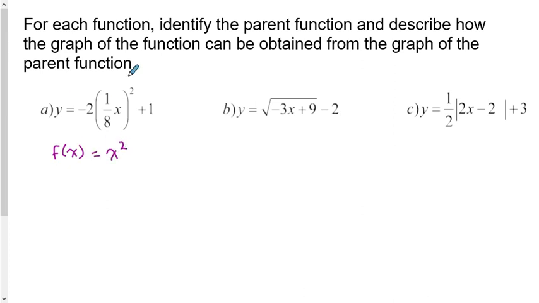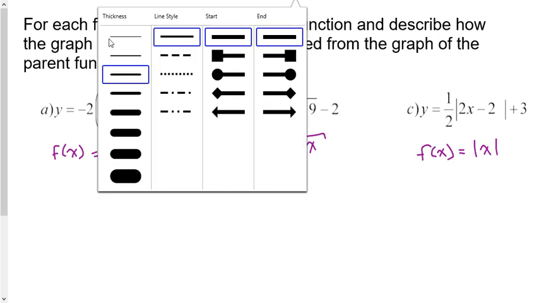It's just going to be x squared because I can see its basis is an x squared. This one, the basis is the radical function, and this one, the parent function, is the absolute value. I can tell because it's got those absolute value lines, and I can tell because this one has the radical lines. Okay, so those are the parent functions for each of these.